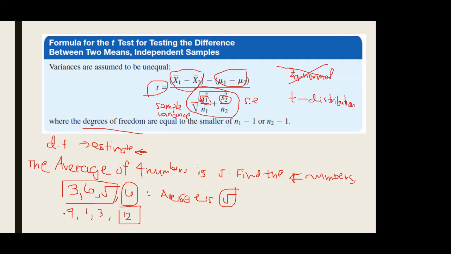So that is actually the idea of degree of freedom. Okay? So the degree of freedom for the average is always n minus 1. It's because if the average is not computed, it's given, and you have, let us say, n values, then the degree of freedom is n minus 1 because the n minus 1 values are free to vary, but the nth value is fixed once the n minus 1 values are given.